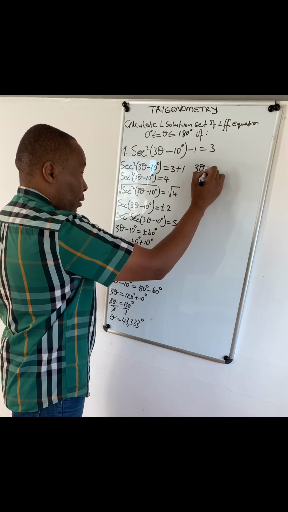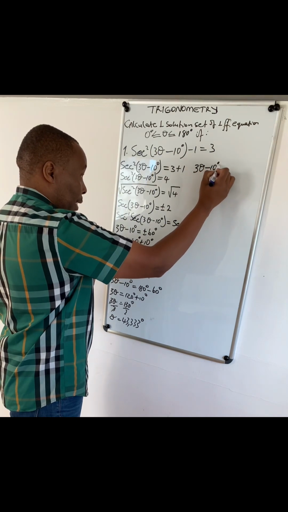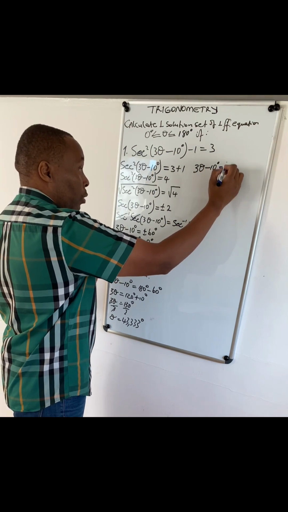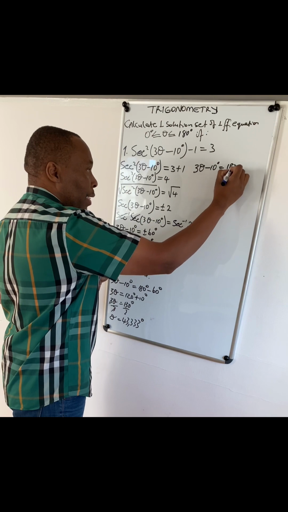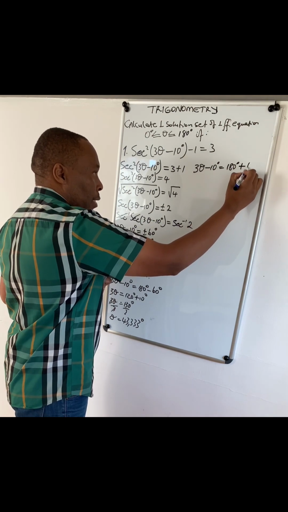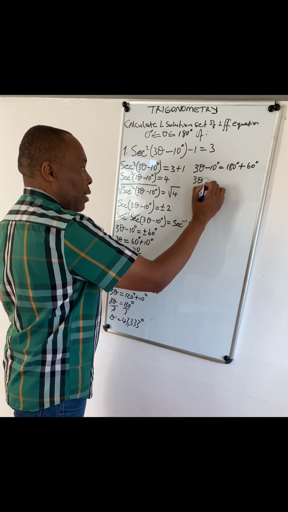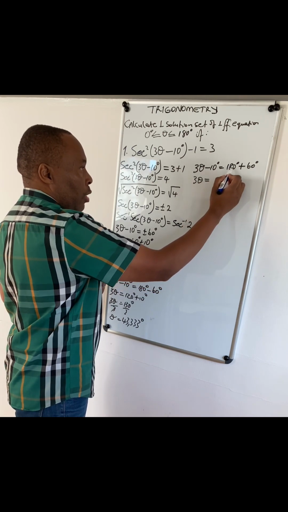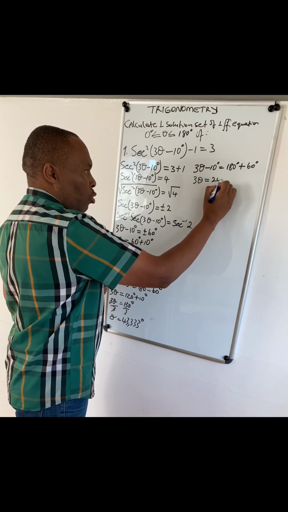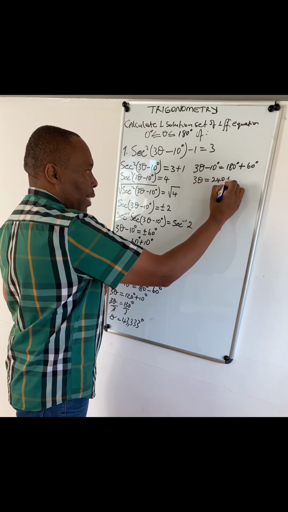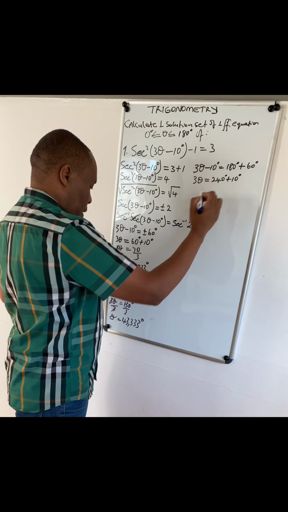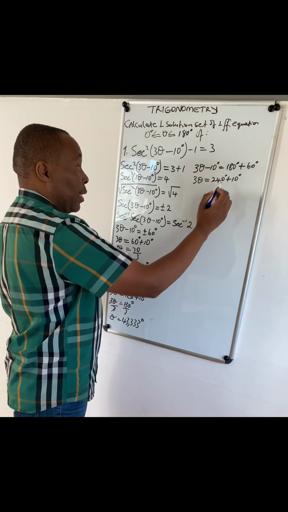3 theta minus 10 degrees is equal to, in the third quadrant, 180 degrees plus the 60 degrees. So we still have our 3 theta equal to 180 plus 60, 240, plus 10 degrees.